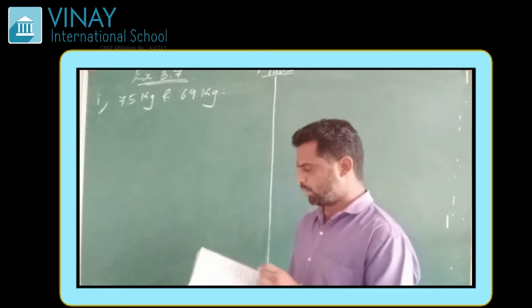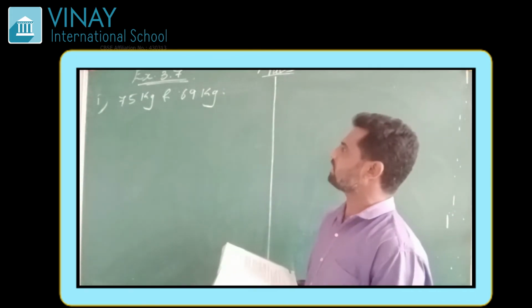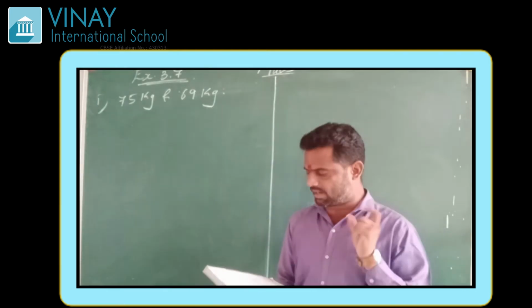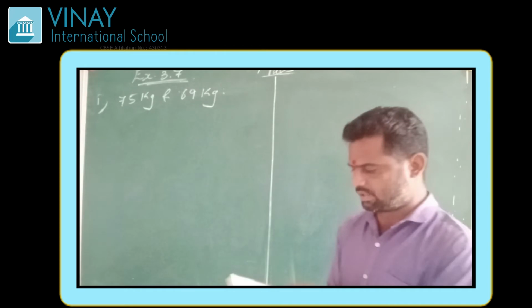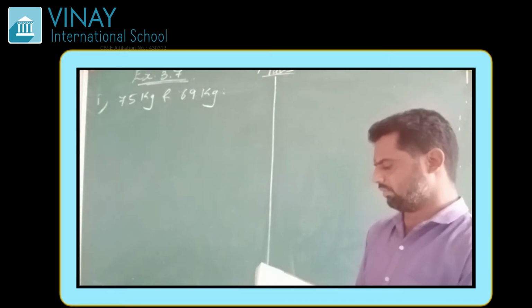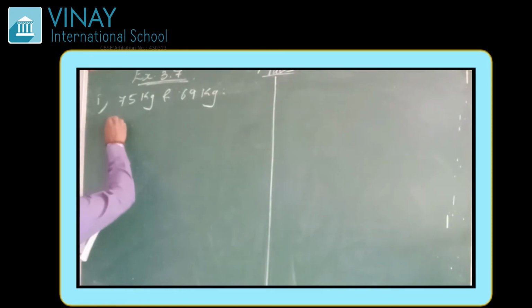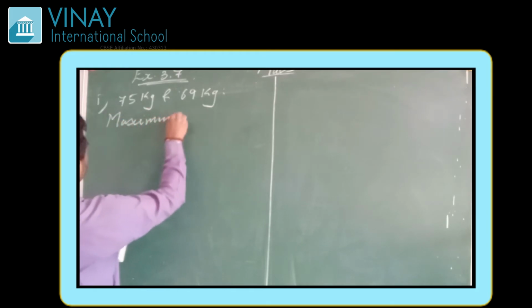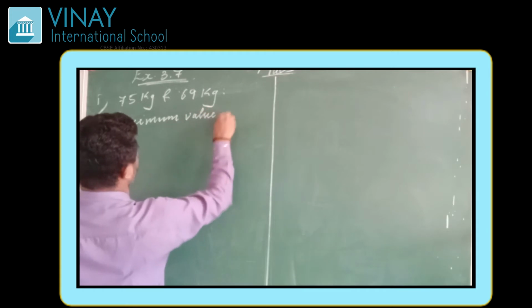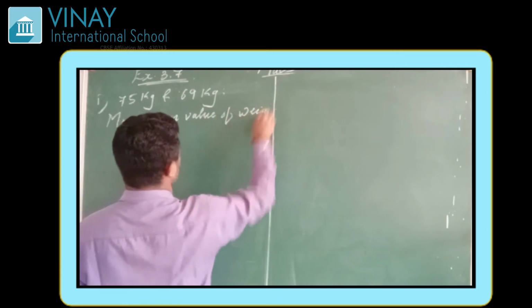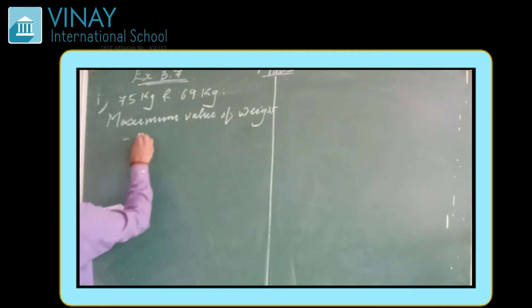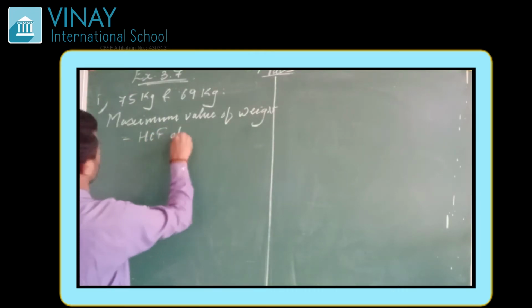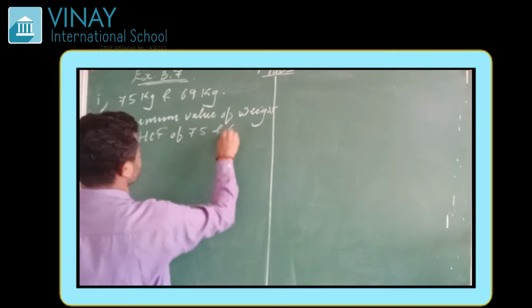Now we have to find out the maximum value of weight which can measure the weight of fertilizer an exact number of times. Now whenever there is a maximum, greatest like this, we always have to find out HCF, highest common factor. So the maximum value of weight is equal to HCF of 75 and 69.